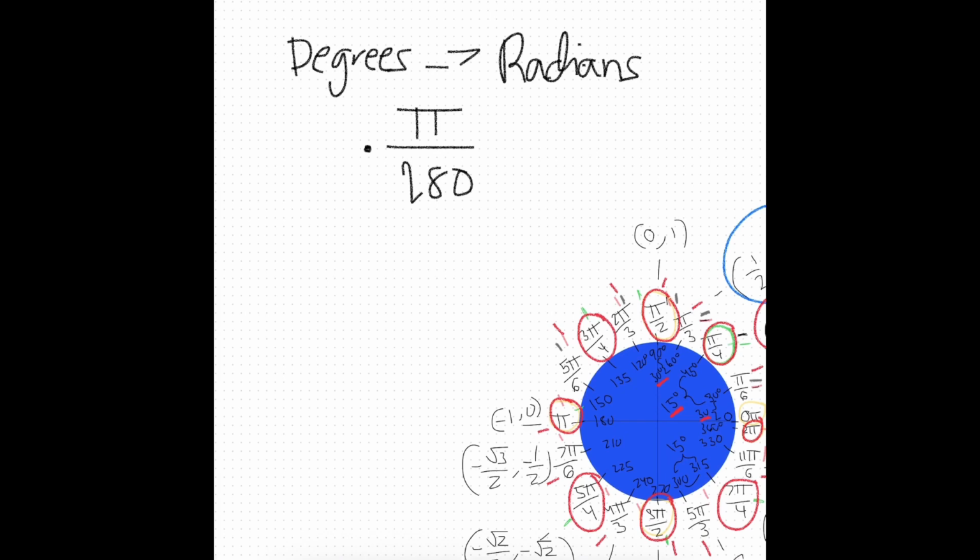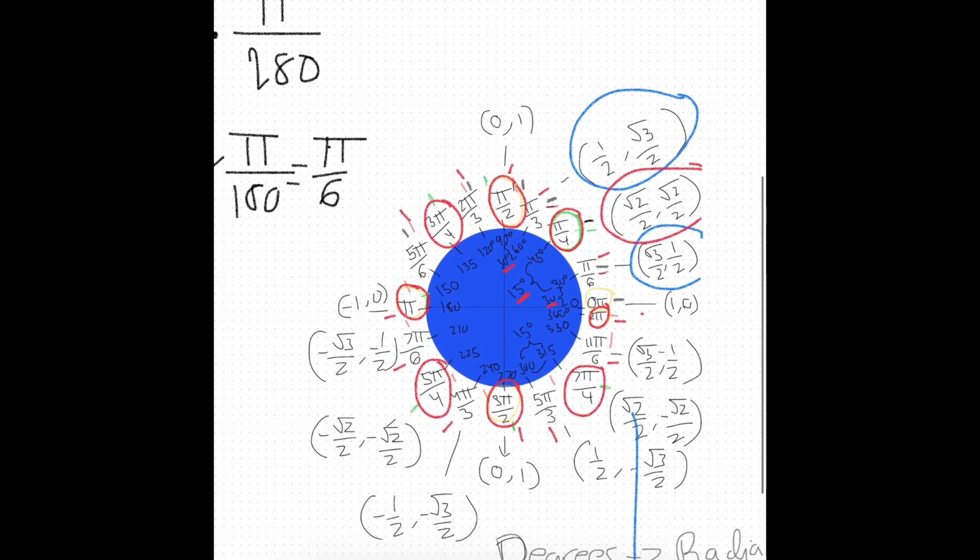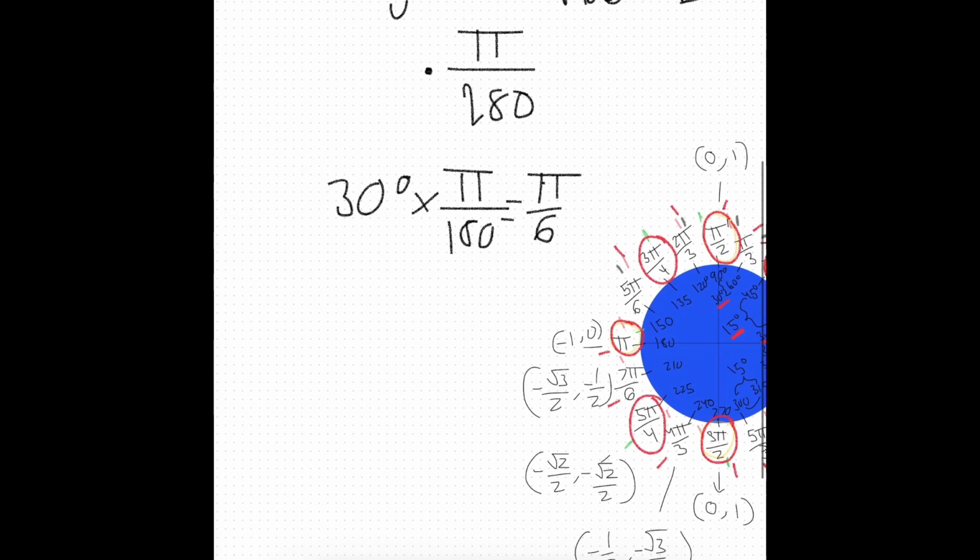So for example, if you have 30 degrees and you multiply by pi over 180, you should get pi over 6, which, as we can see in the unit circle, is correct.